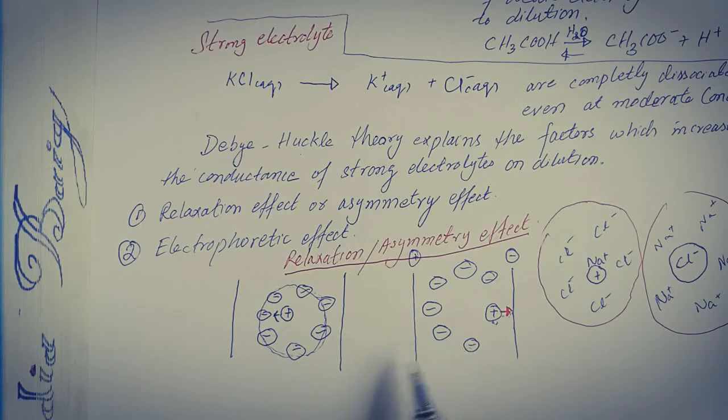So relaxation is the time lapse between the breakdown of this symmetrical ionic sphere and formation of a new sphere, and the asymmetry effect is the formation of the asymmetrically distributed counter ionic sphere, that is, the excess charge that pulls the positive charge towards itself to make its motion retarded in the direction of the negative electrode.